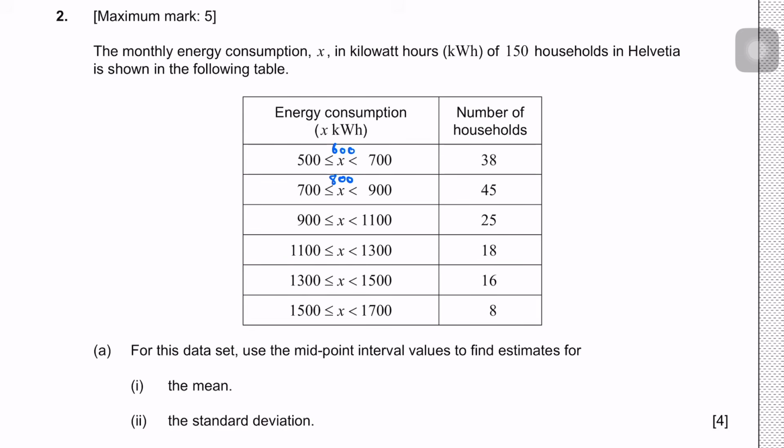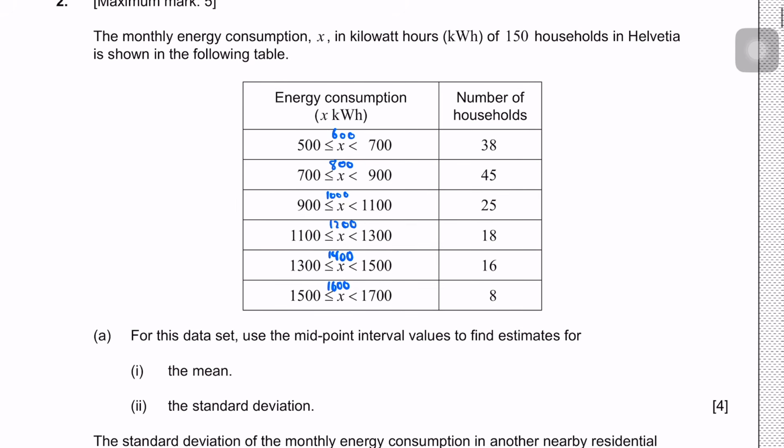If we continue to write out the midpoints, we'll have 1,000 here, 1,200, 1,400, and 1,600. Once again, we're creating an estimate, assuming that the distribution is roughly equal within these class intervals. So we choose the middle value as a single value to represent the households in each of these class intervals.